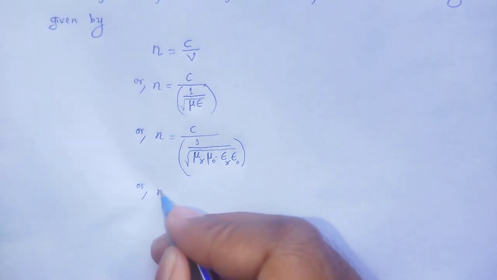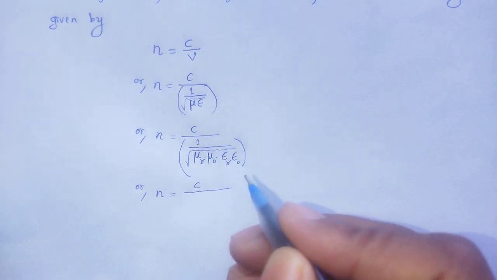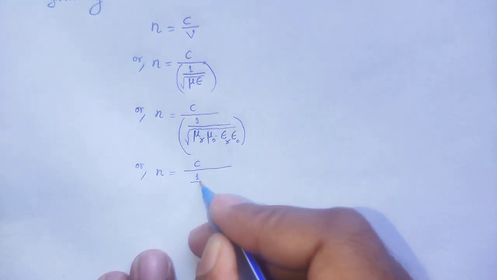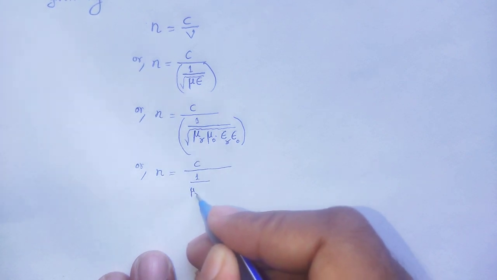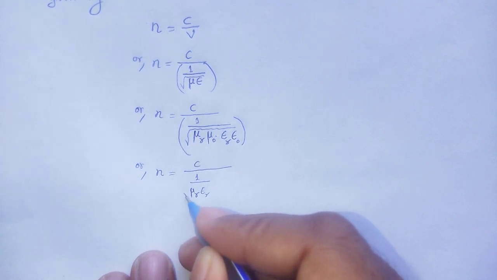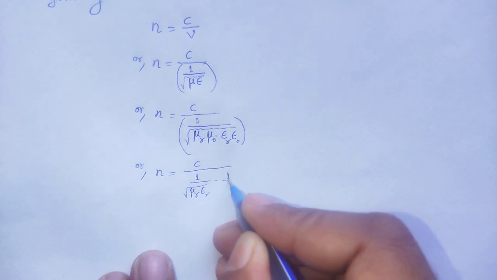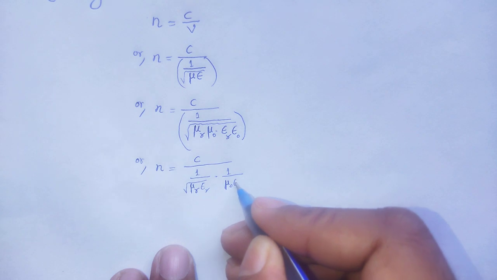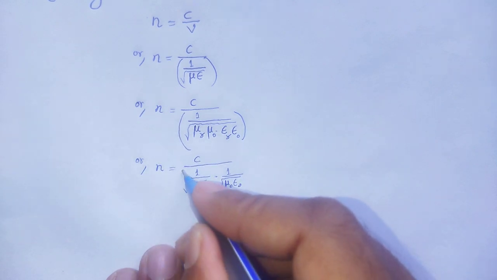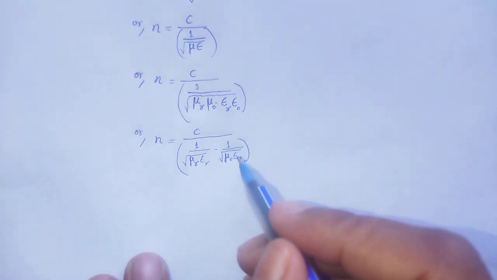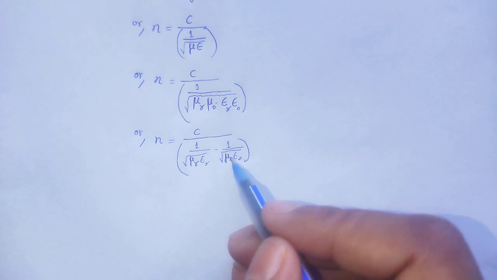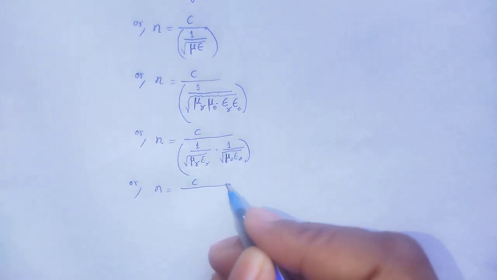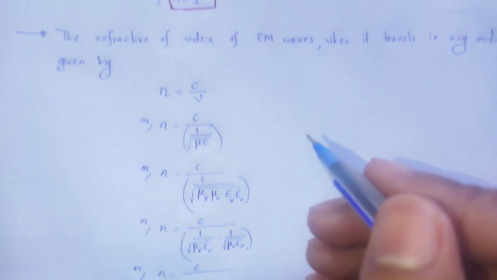Or n is equal to c divided by, now separating it into two terms, 1 divided by under root of mu r epsilon r into 1 divided by under root of mu naught epsilon naught. 1 divided by under root of mu naught epsilon naught is nothing but the speed of light c.